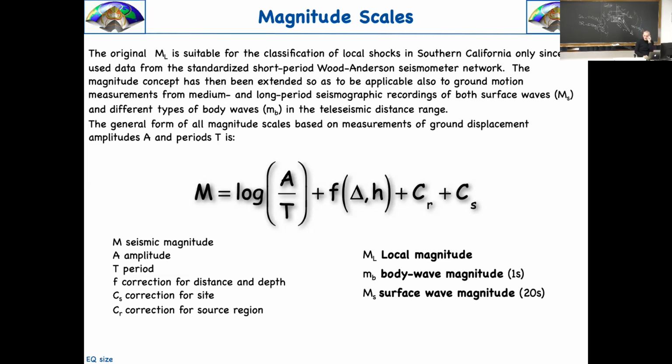Let's measure the amplitude of body waves, and let's define one. Let's take the amplitude of surface waves, and let's define another one. And let's remember that body waves usually are richer in relatively higher frequencies than the surface waves. So that's why the last instrumental definition of magnitude is made like that.